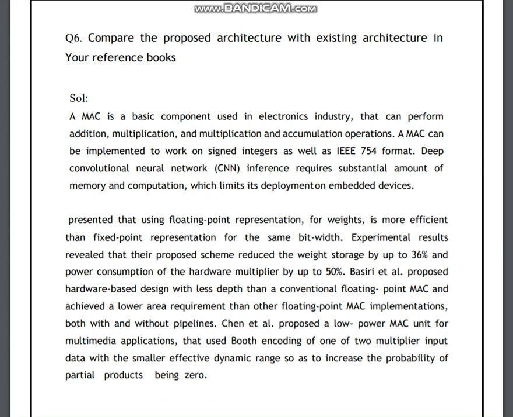The hardware that I have proposed has less depth than conventional floating point MAC and achieved a lower area requirement than other floating point MAC implementations.